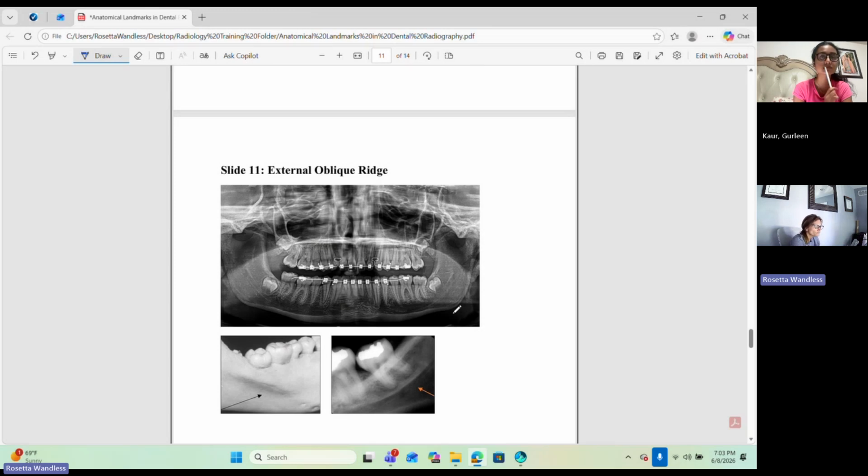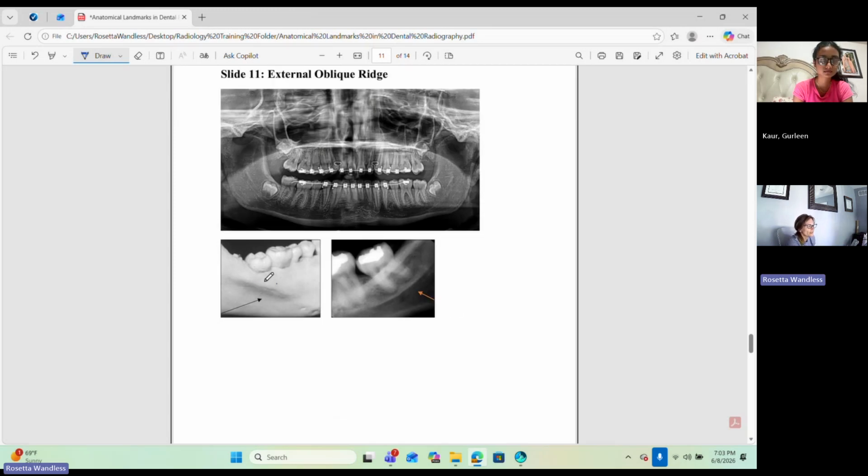So here, it is this area of bone that's going to show as really thick. Notice how it's on top of the mandibular canal. Makes sense? That ridge is protecting the canal, so to speak.